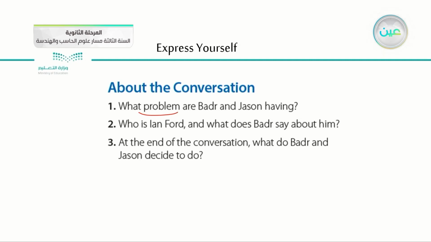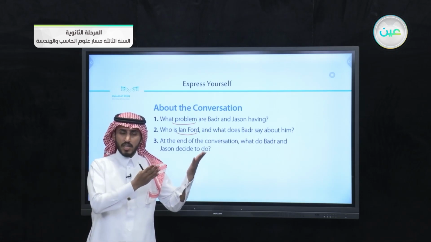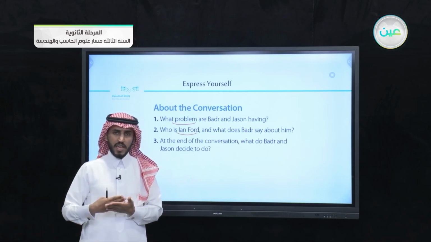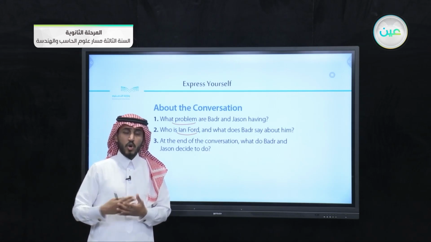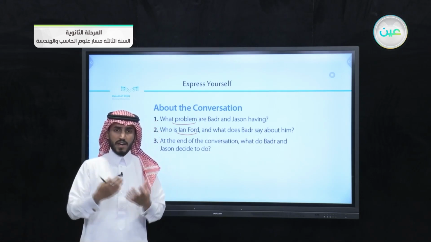After that, number two, who is Ian Ford? And what does Badr say about him? Now we have here a name. So what should we do? We should go back to the conversation and scan to find the name. Once we find the name, we try to do what we are asked to do.